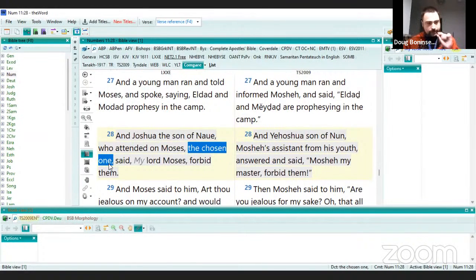I started really looking into the Targums, and it seems like there's an early Yahudim Hebrew tradition that Yahusha, son of Nun, was supposed to foreshadow the coming Messiah, if that makes any sense. So I find it interesting that the LXX actually has the chosen one there, and the Masoretic leaves that out.